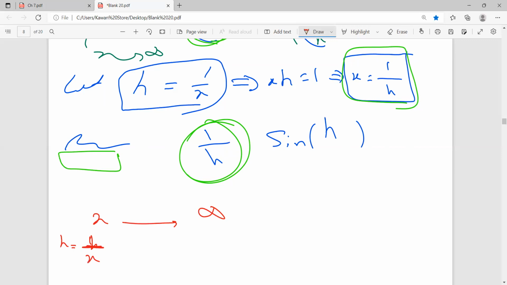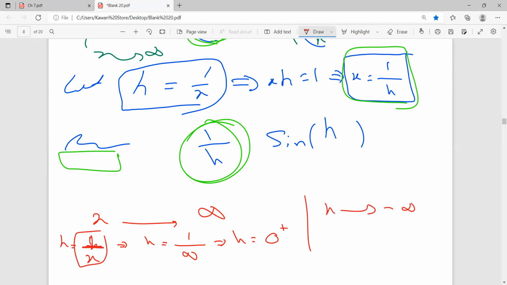So if x approaches infinity, h will be 0. But because it is 1 over x, if x approaches infinity from the positive side, I will write positive side. Maybe if it goes to the negative side, I say h approaches 0 from the negative side. Understood?